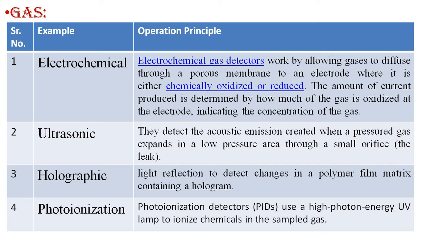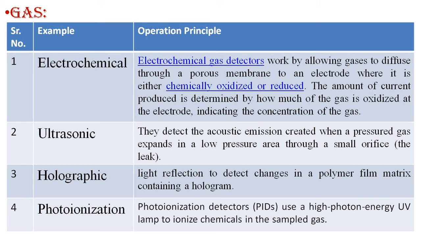So the amount of current produced is determined by the electrons. That is known as the electrochemical sensor.